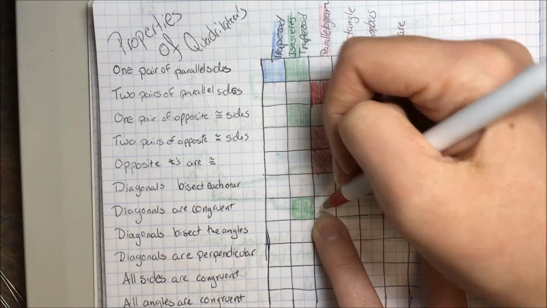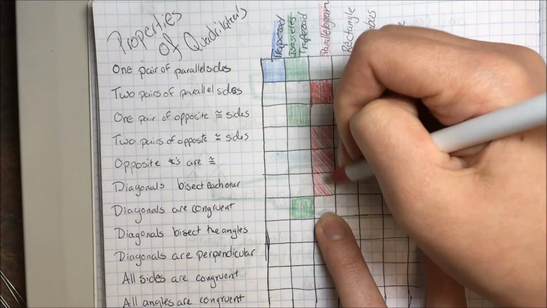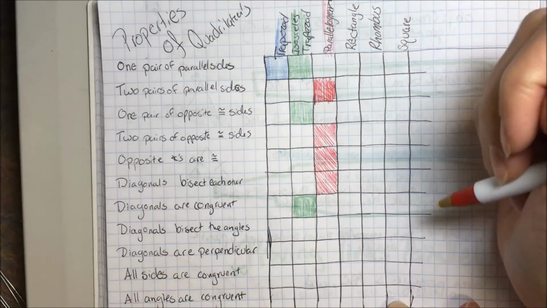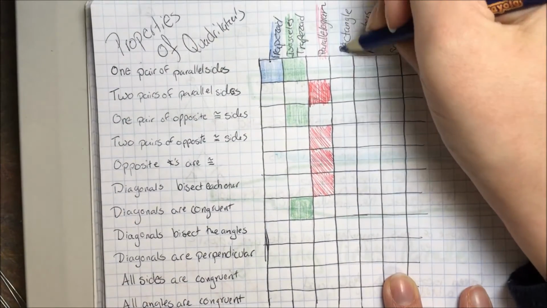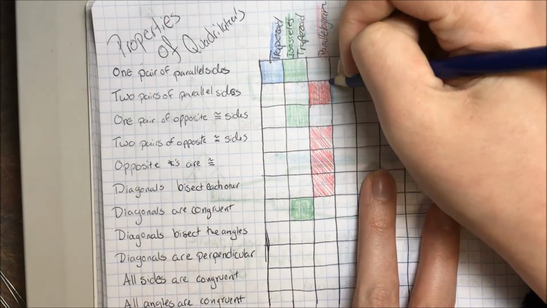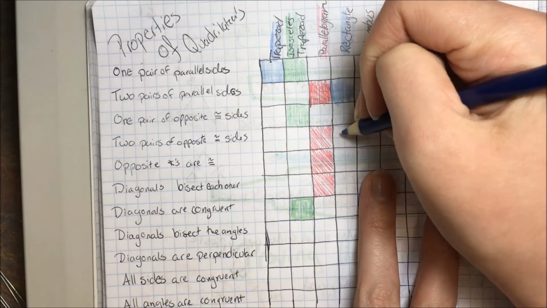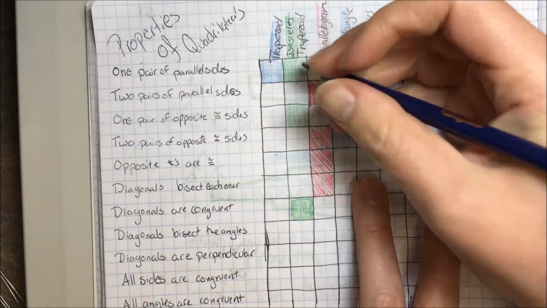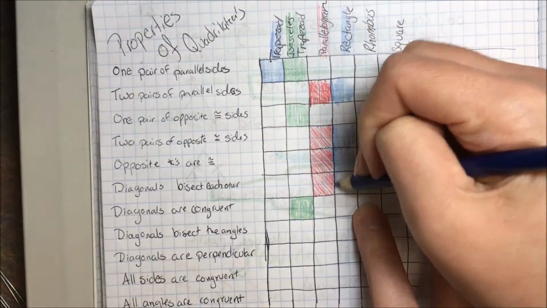The diagonals are not congruent, but the diagonals do bisect each other. And that's it. I'm going back to blue for rectangle. So a rectangle has all the properties of a parallelogram, sorry. And a few more.